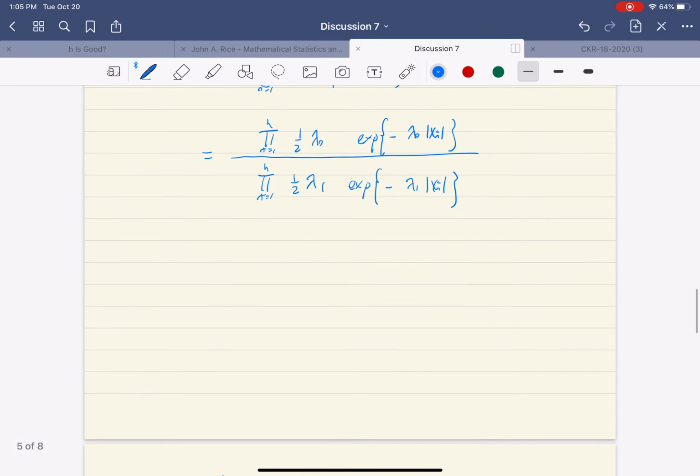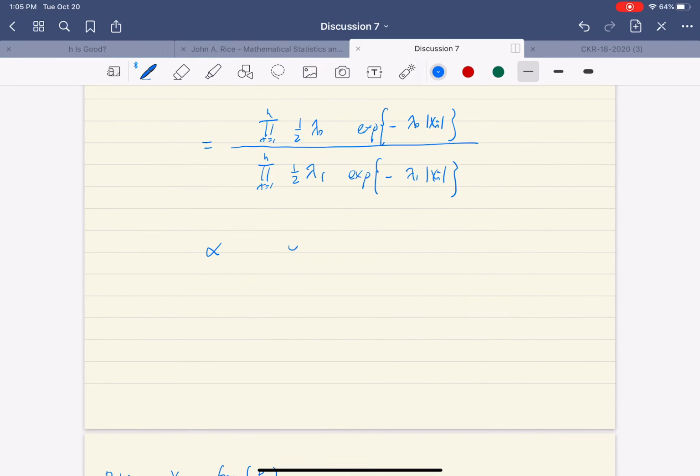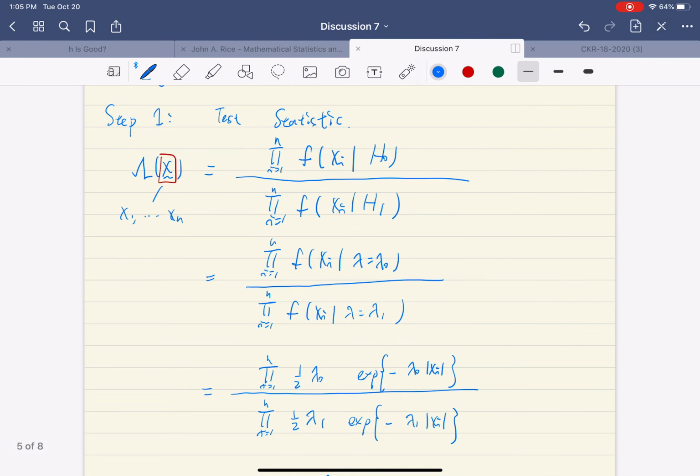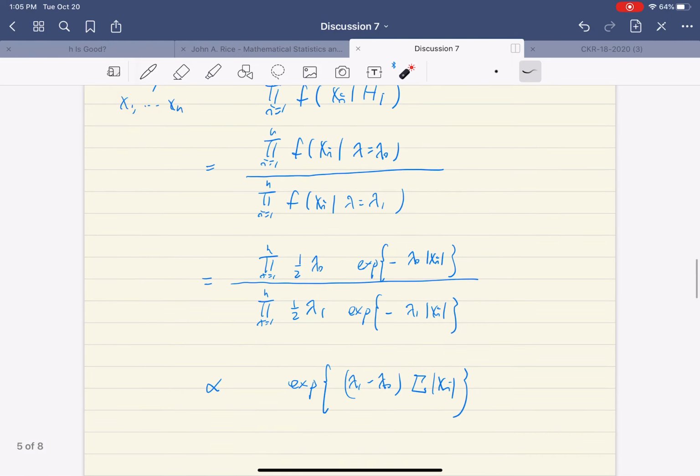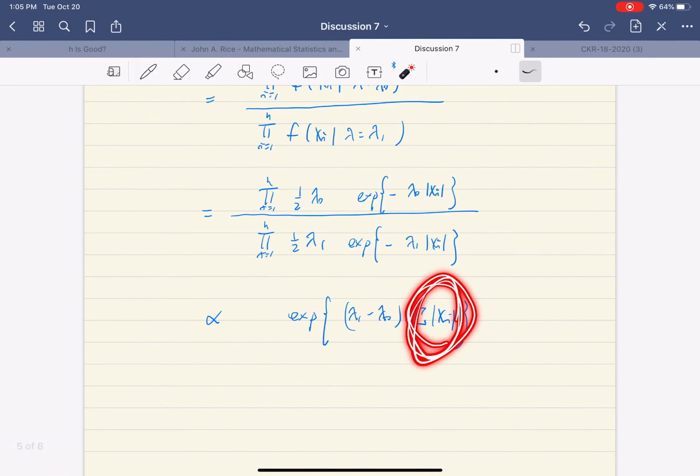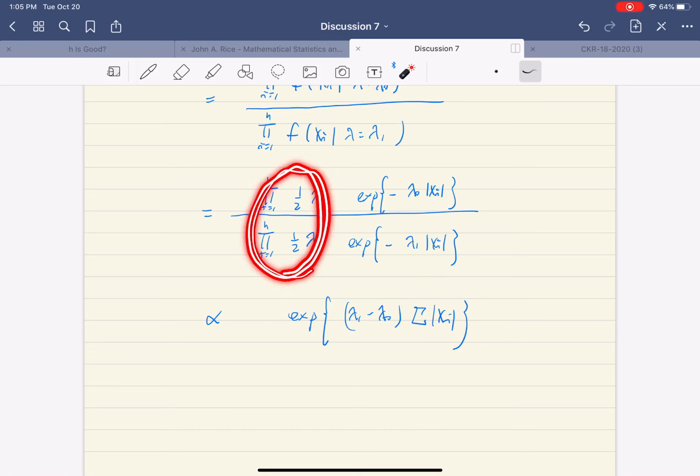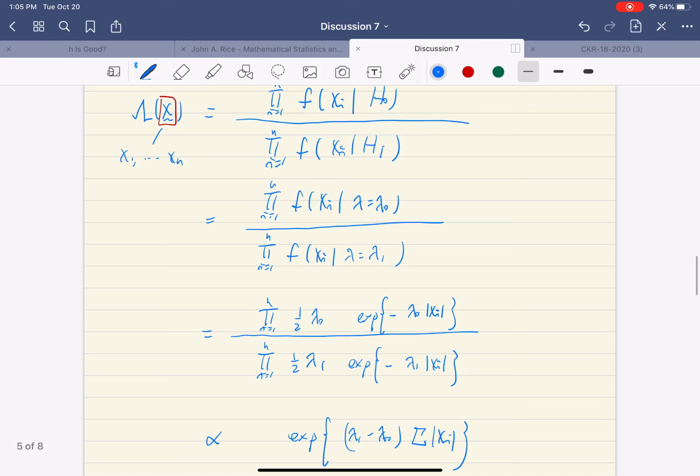You can see that this is proportional to this: lambda 1 minus lambda 0 and the summation of Si. Here you have to be careful. The test is a function of x, so we only care about the function of x, and we can get rid of the factor that only depends on lambda, which does not depend on x. And these two are proportional.